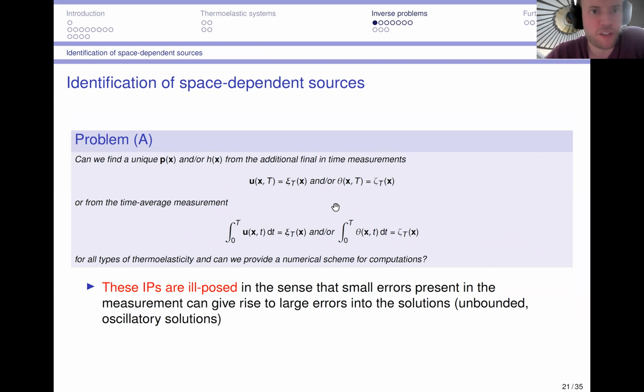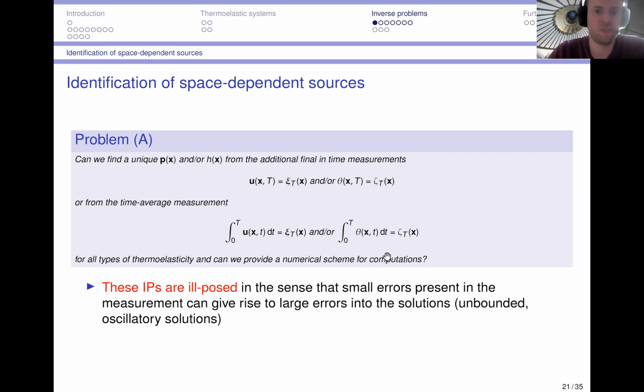Okay, the first inverse problem is the identification of space-dependent sources. The problem we considered is, can we uniquely determine a space-dependent load source or heat source from the final in time measurements of the displacement or the temperature, or from the time average measurement of the displacement and temperature?